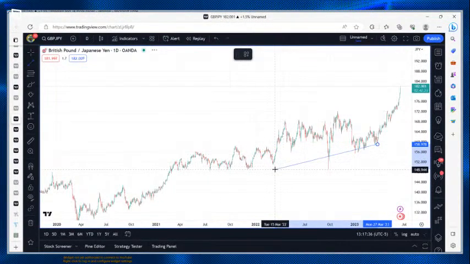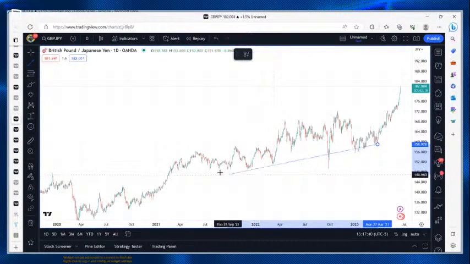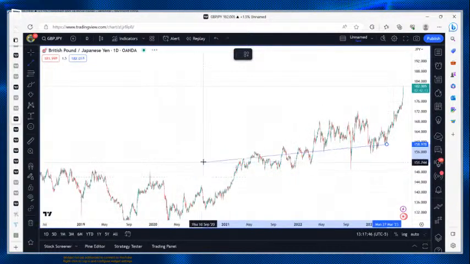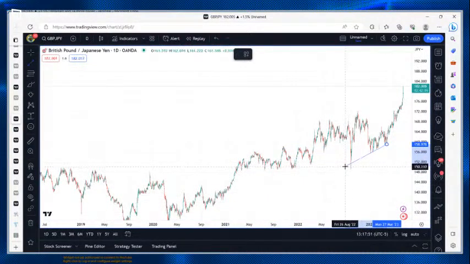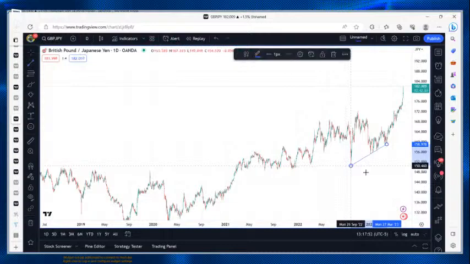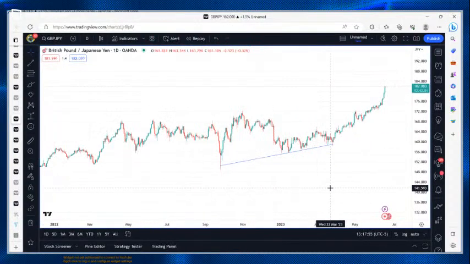All right, why did the market make a low there? Again, not trying to curve fit anything. We just want to find out why the market made a low there.